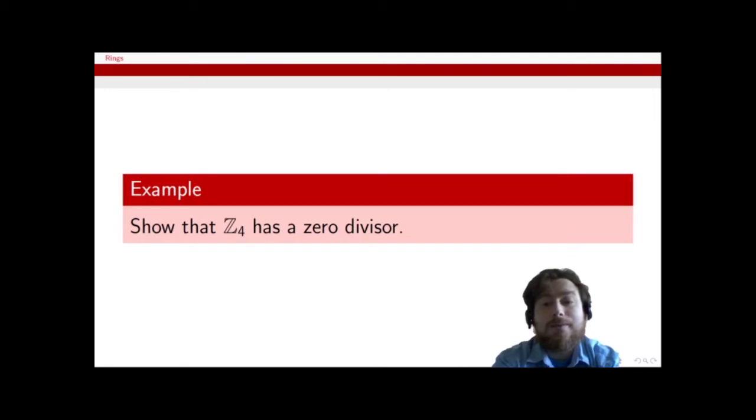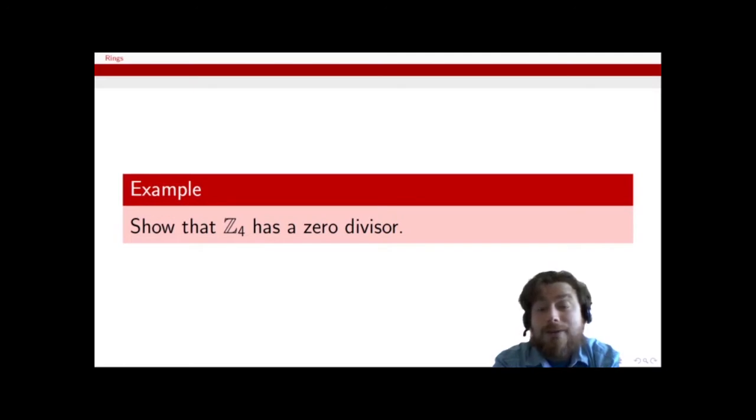As an example of that, let's just look at Z4. Notice that if we look at the multiplication and try to find 0 divisors, 1 times 2 is 2, so that doesn't work. 1 times 3 is 3. 2 times 2 is 0. So there we go.